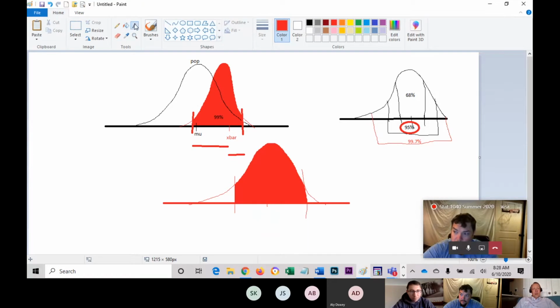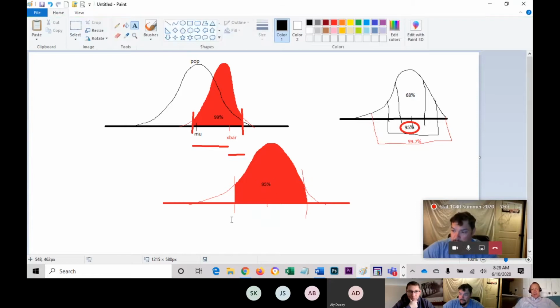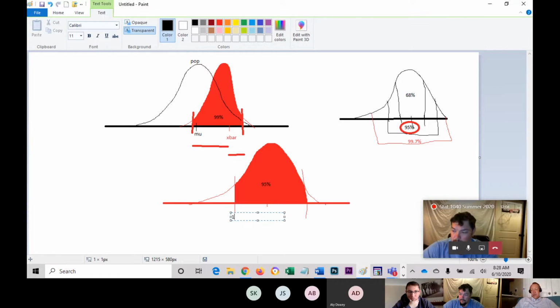Okay. And so when we go out here, the idea here is you're going to go out 95% of the time. You're going to go out about 2 standard deviations. It's actually 1.96 in the negative direction, and you're going to go 1.96 in the positive direction.